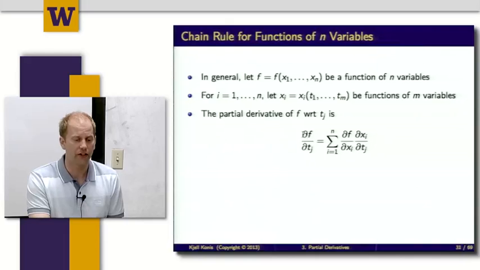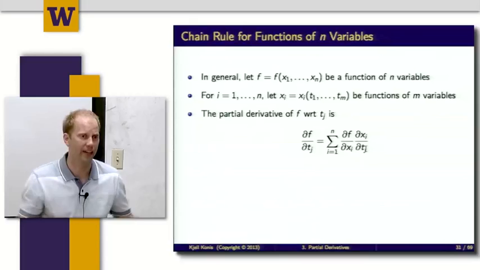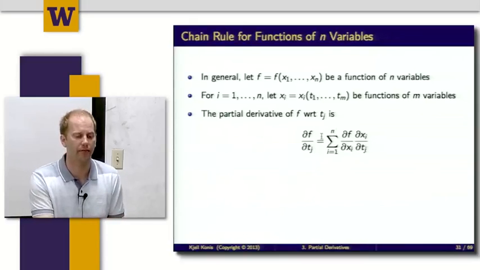It says the partial of f with respect to t sub j is equal to the sum of the partial of f with respect to each argument of f times the partial of that argument with respect to t sub j. So really what I'm trying to do is capture all of the dependence of f on this t sub j and add those together. And that's going to give me the partial of f with respect to t sub j.